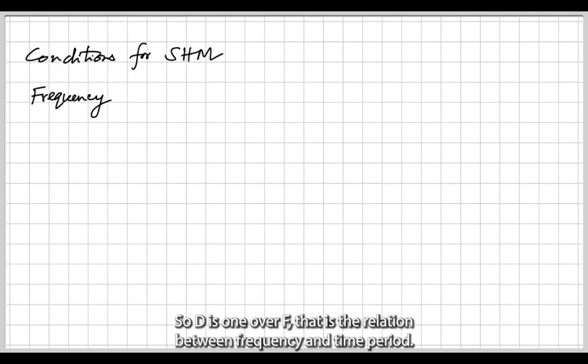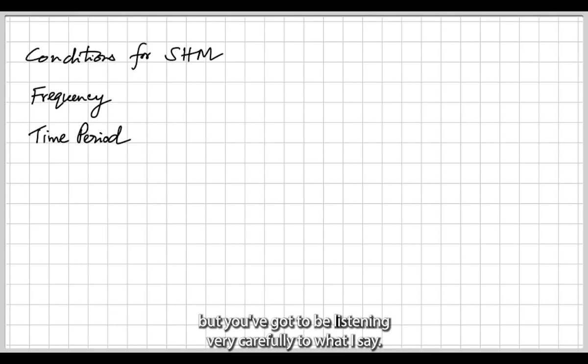Now you see that frequency is the reciprocal of the time period. So T is 1 over f. That is the relation between frequency and time period. I may not be writing everything, but you've got to be listening very carefully to what I say.